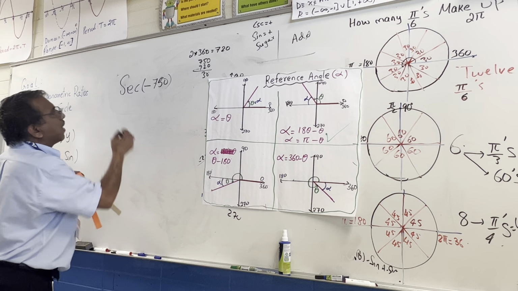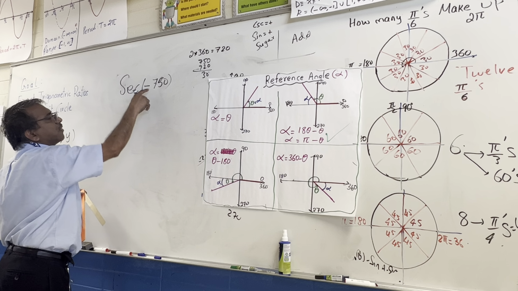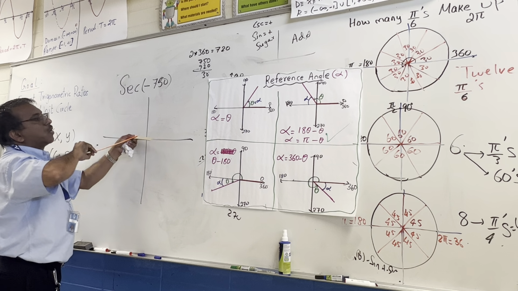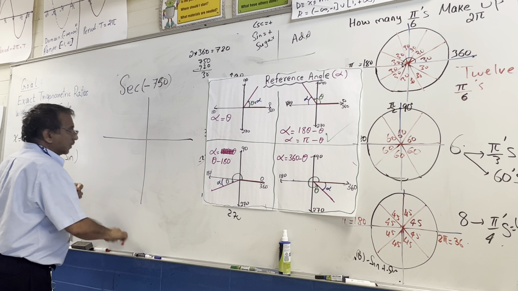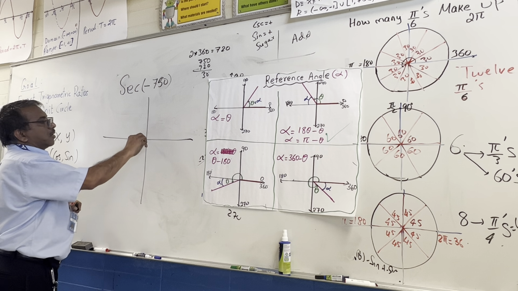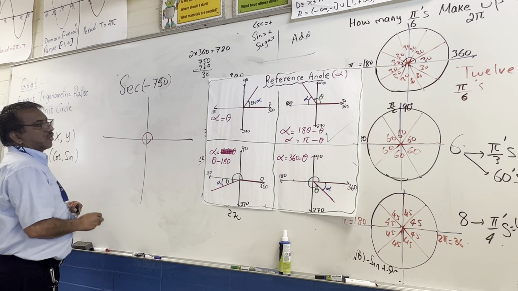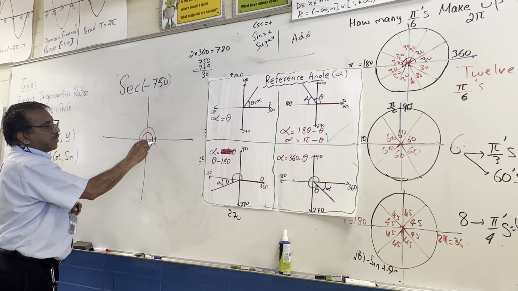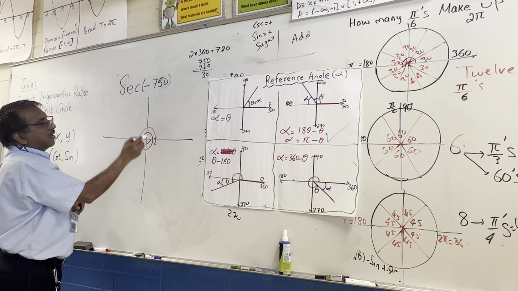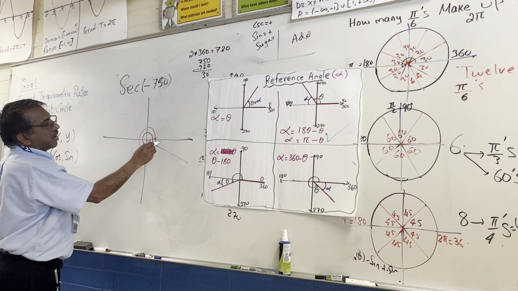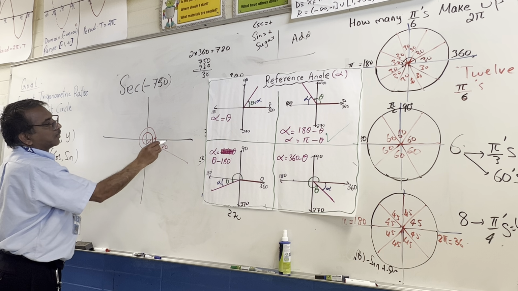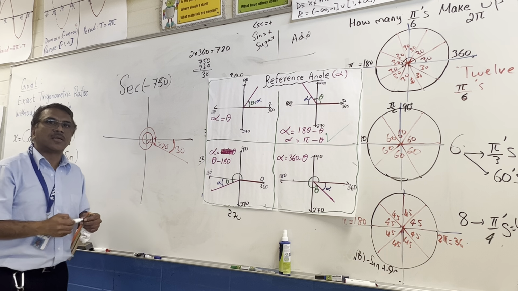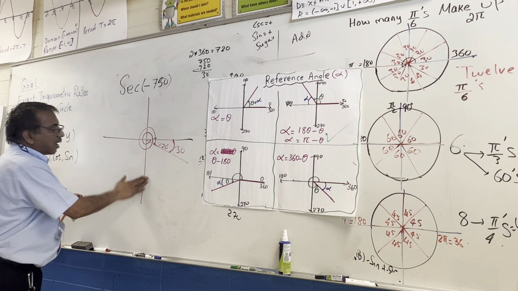So if I want to know what this is, you go 2 rounds, one 360, one more 360, and then you go a little beyond that. How much extra? 30. So this is 720 degrees, but the reference angle, this part, is 30 degrees. So simple, this is how you do it.